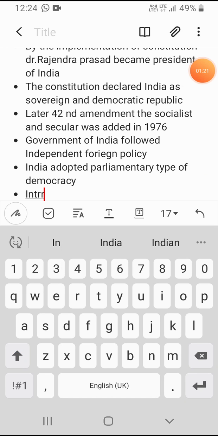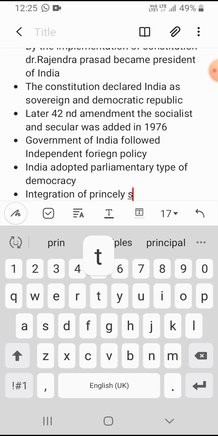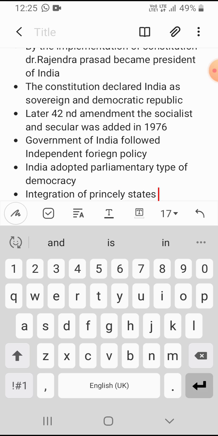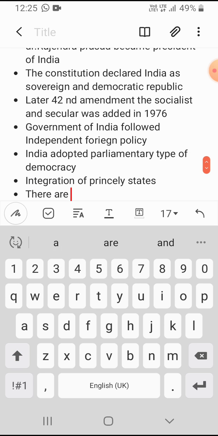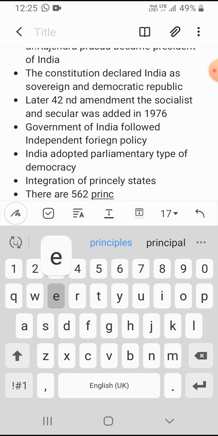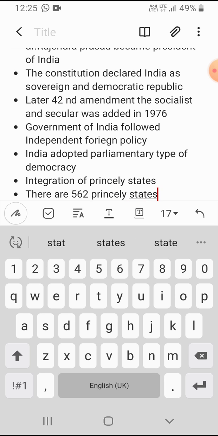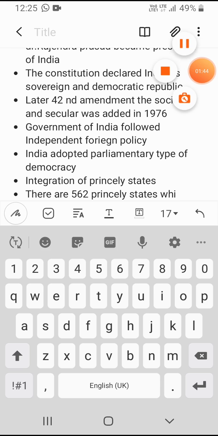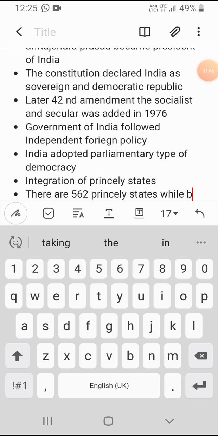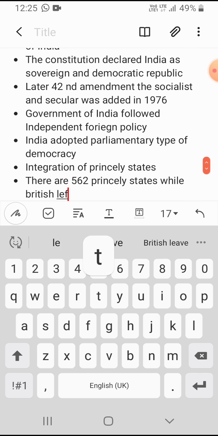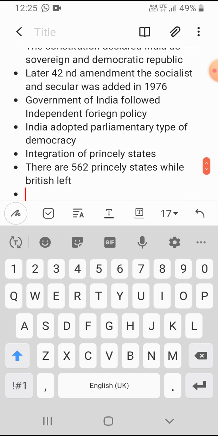The topic is the integration of princely states. There were 562 princely states when the British left.